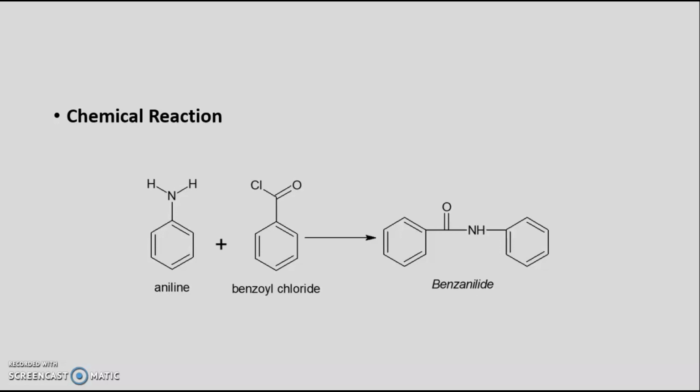That particular reaction is known as the Schotten-Baumann reaction. In this case, benzoylation of the amine is carried out using benzoyl chloride in the presence of aqueous sodium hydroxide.